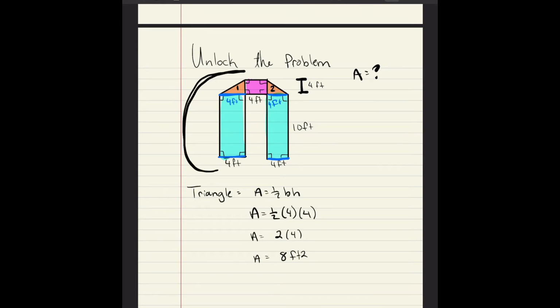So if I'm finding the area for this whole shape, I need to multiply my answer, my area, by the number of shapes I have. So I have the area times the number of shapes.